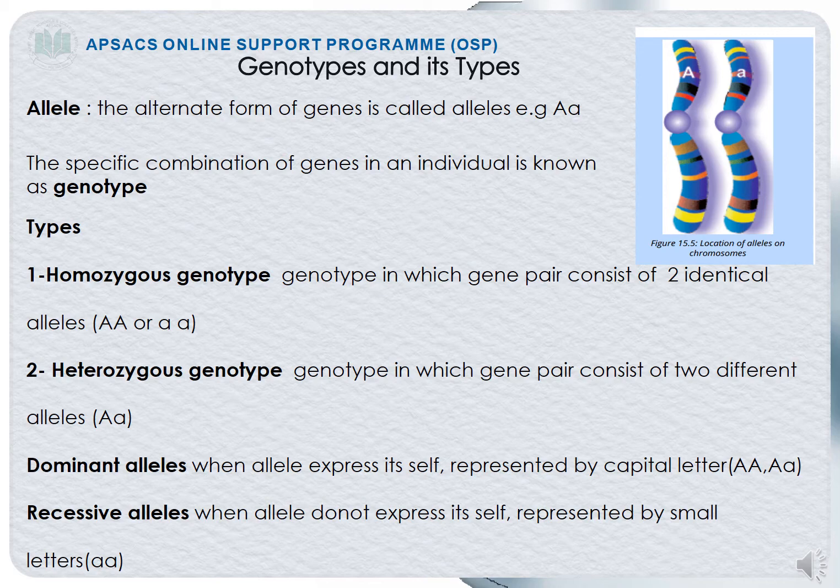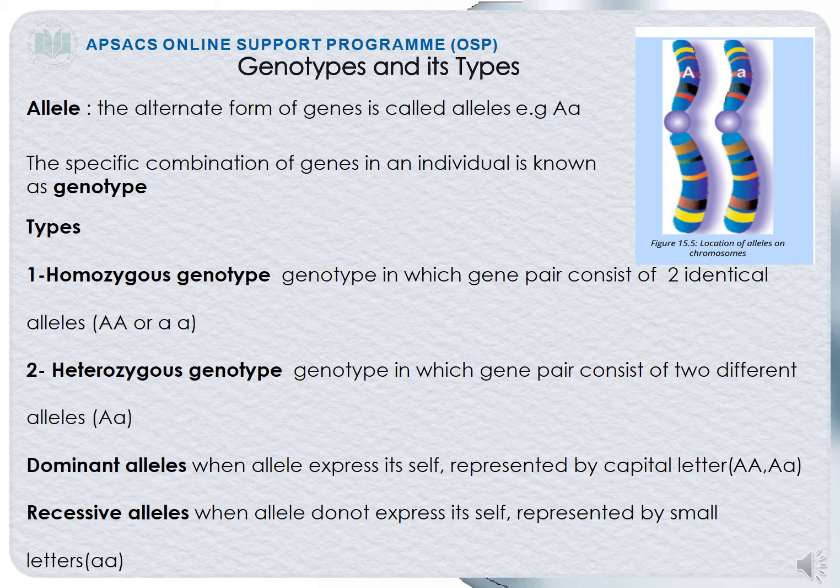For example, eye color, hair color, and skin color, each trait or characteristic has its own pair of genes. And these pairs of genes are present in different forms. Secondly, these pairs are present on the homologous chromosomes.